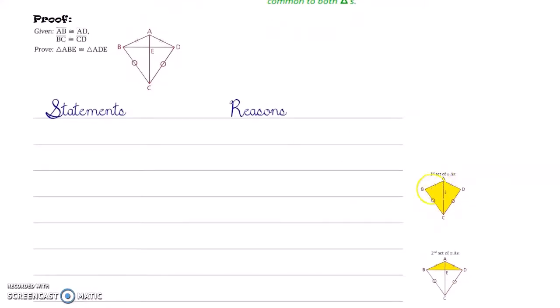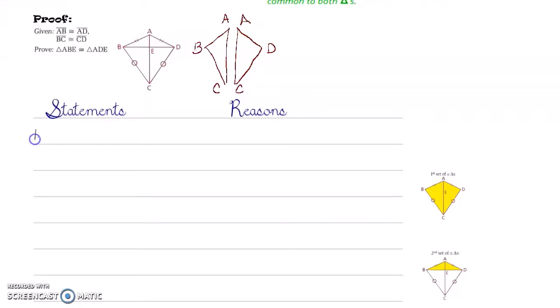So our first set of triangles is the larger pair. And I'm going to draw those separately, and you should. When you're drawing detour proofs or writing detour proofs, you are going to be assessed as to whether or not you're clear on which triangles you're proving.